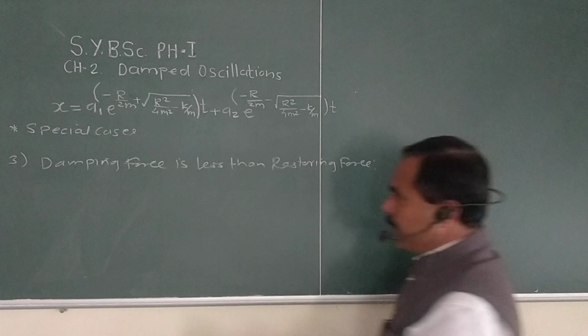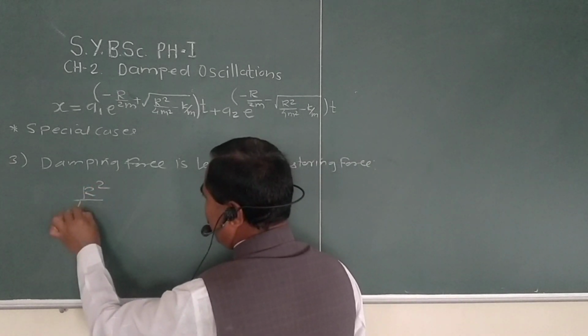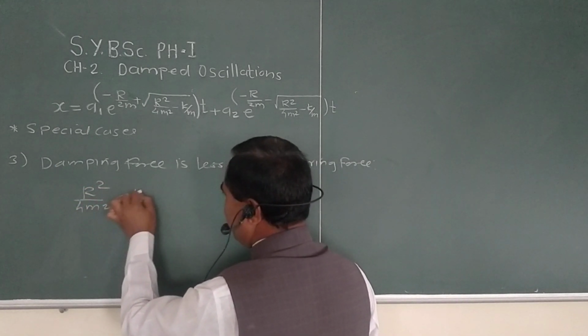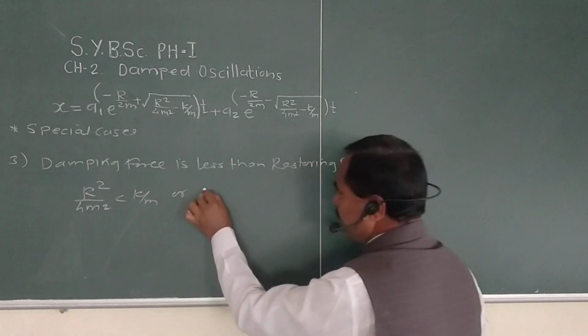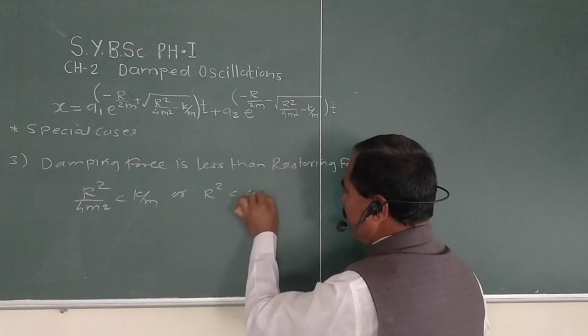That means we have to write here r square upon 4m square is less than k by m, or r square less than 4mk.